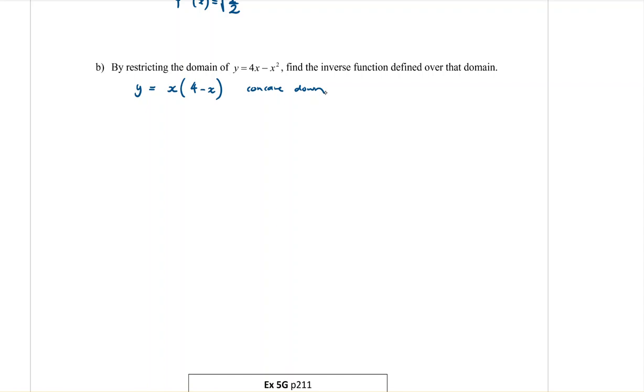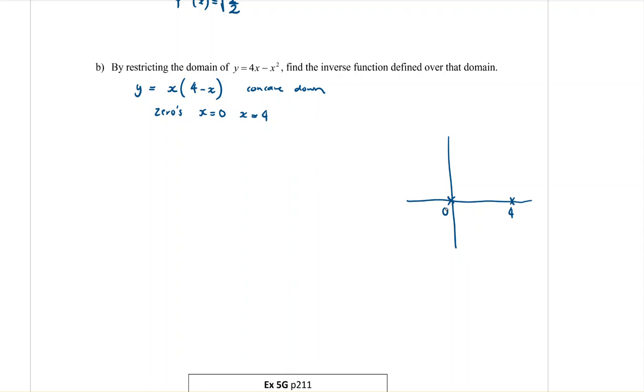And the zeros I can now read off from my factorized form would be at x equals 0 and x equals 4. So a quick little sketch, even if it's not giving you any marks, it's still going to help you visualize what's going on. I have 0 and I have 4. I know it's concave down.